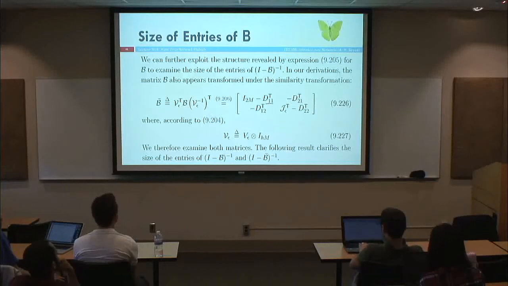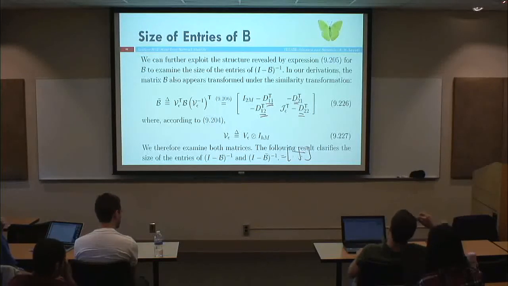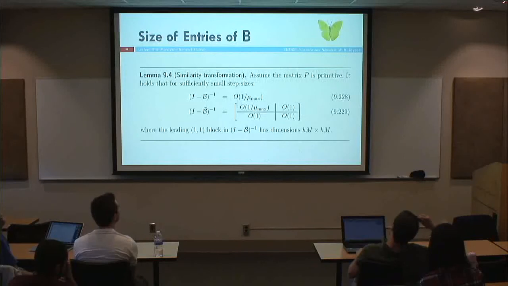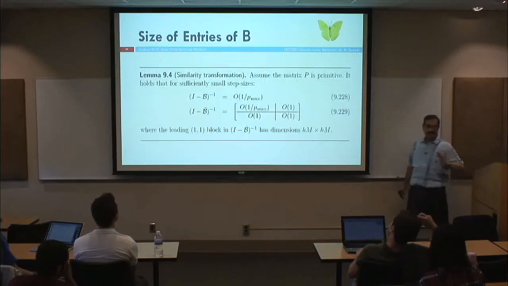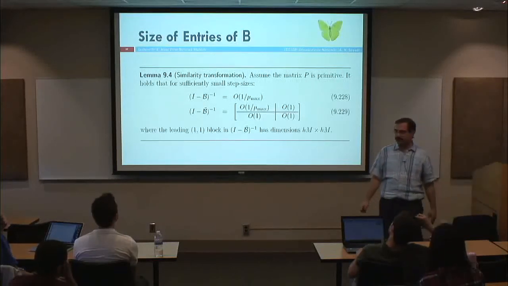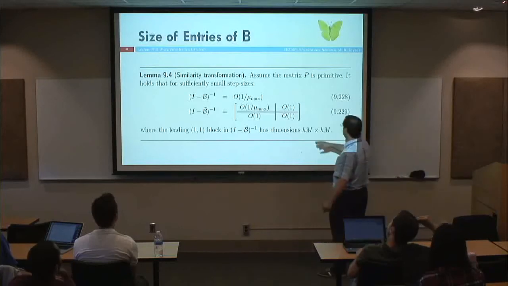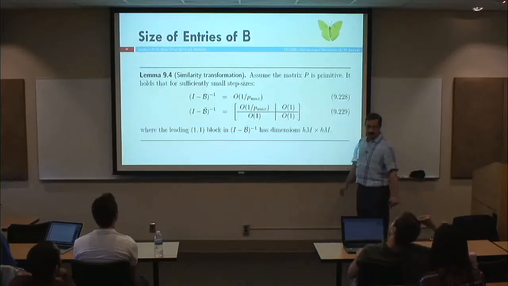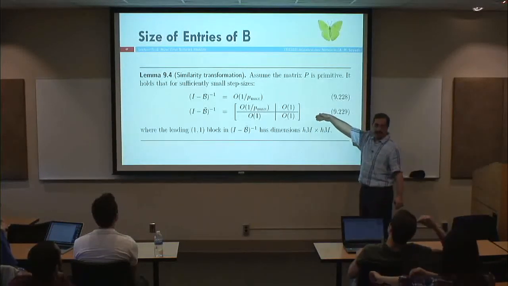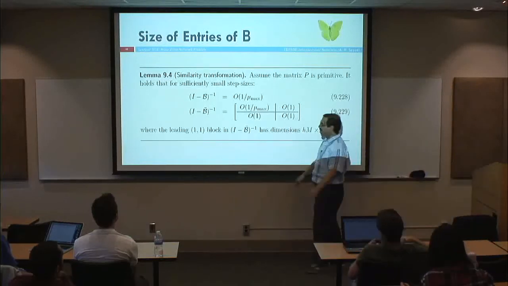But because I know each one of these is of the order of mu, I can also take this matrix, partition it, and tell you what's the size of its partitionings. That's what this theorem is saying. So I will use it a lot next time. That's why I'm mentioning it here, because it relates to the partitioning of B.